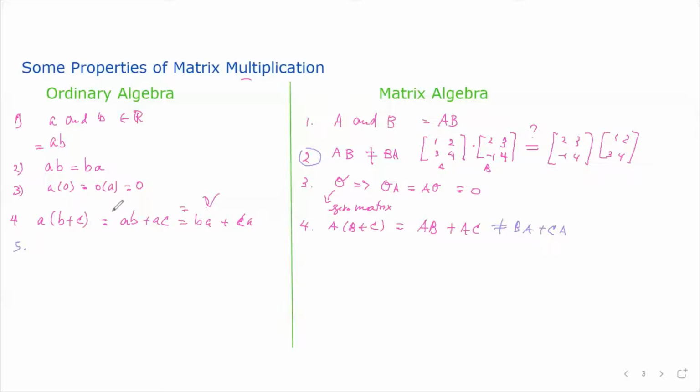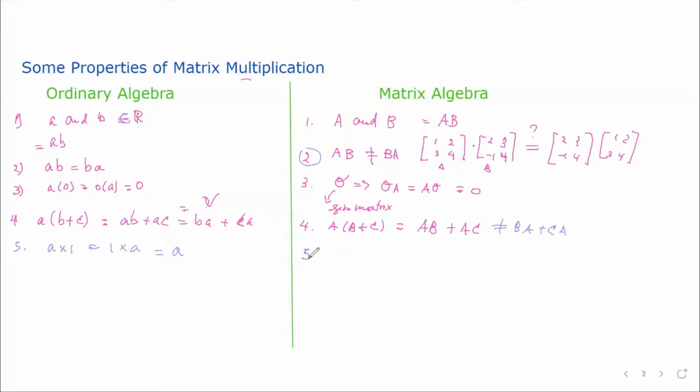Comparison of the multiplication, the idea of the ordinary algebra and the matrix. So for example, if you have A times 1, it will equal 1 times A, right? A, B right now is a real number, okay? Don't forget this is a real number. And this one is going to be equal to A, right?